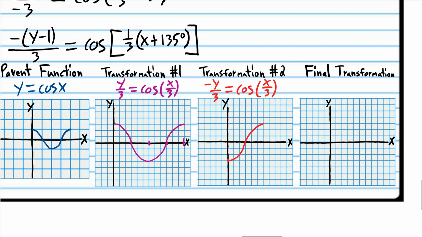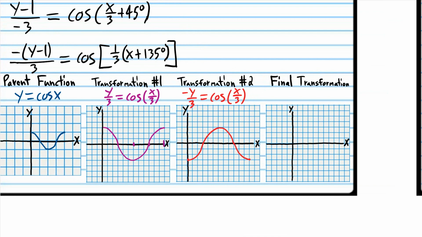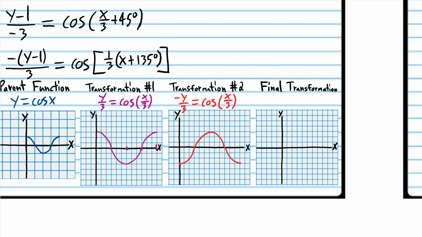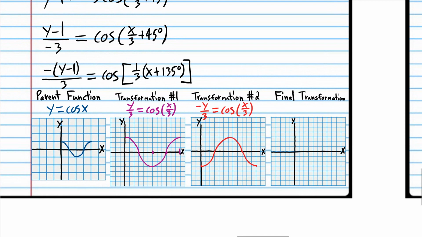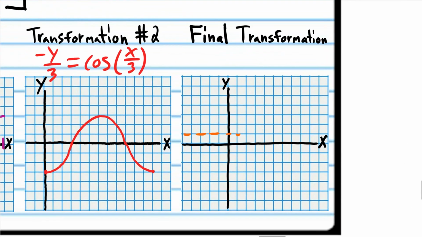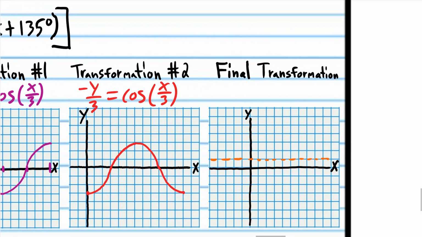And it looks like I'm going to have to move the graph over a little bit. And there you go. Okay, so sorry about that if the graph was off there. Then we're going to translate. We're going to move the graph up 1. So I'm going to draw my midline. So subtracting 1 from y.